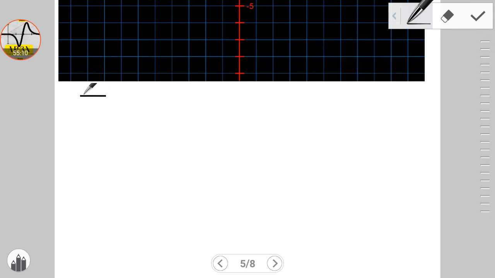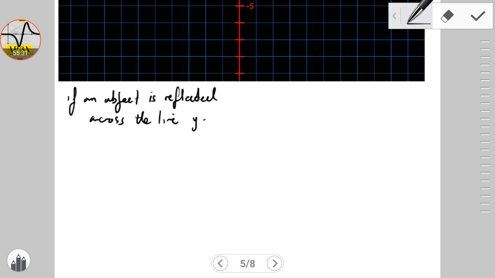In the notes, I would have already discussed that if an object is reflected across the line y equals x, then any random point (x, y) that goes through that reflection will become (y, x). The points will interchange position.